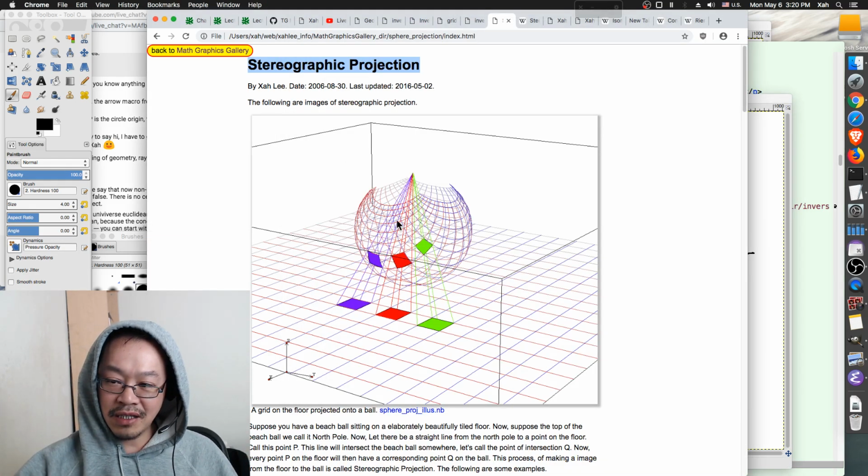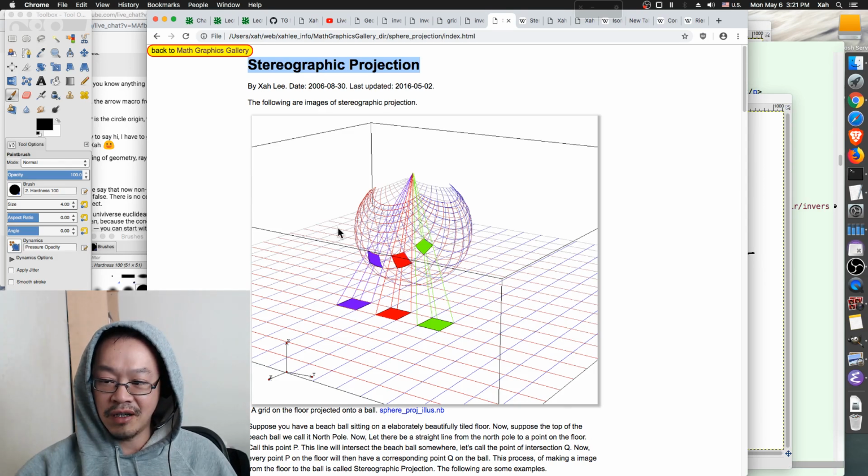So on this picture of stereographic projection, imagine there's a larger sphere, twice as large, and we want to do geometric inversion with respect to that large sphere.